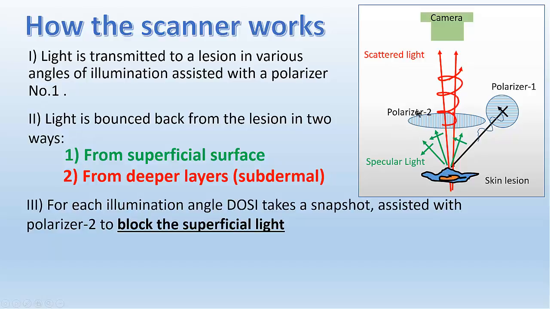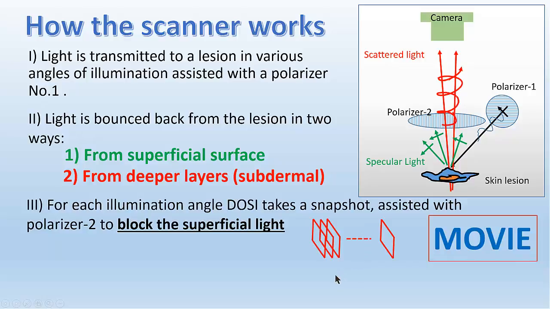So the second polarizer is blocking the superficial surface but allowing the underneath information to go to the camera. So for each illumination angle, Dosi takes a snapshot assisted with polarizer number 2 to block the superficial information, the superficial light, marked here in green.